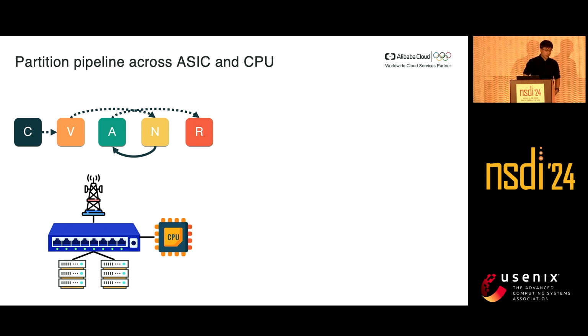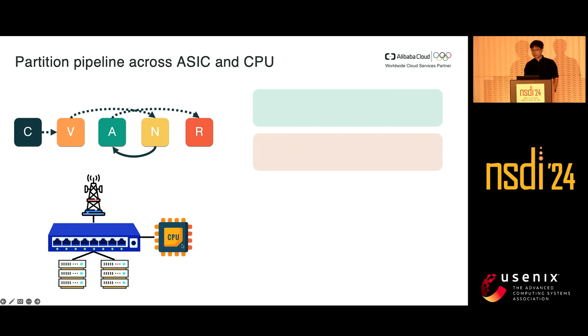In many cases, the network functions far exceed the programmable ASIC's memory capacity, so we have to assign some of them to the CPU. After pipelining and assigning, we still have one thing to take care of: if we just randomly assign one network function to the CPU, it will cause another recirculation.